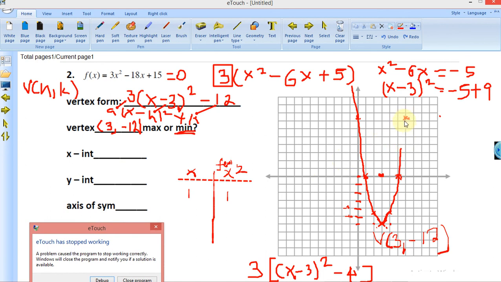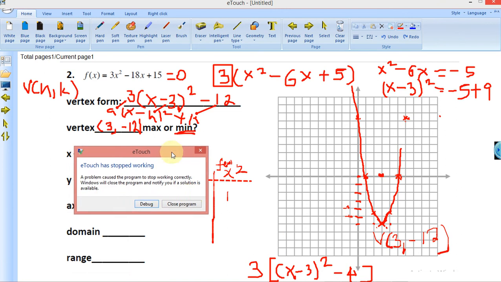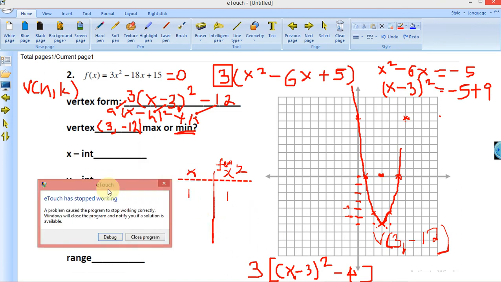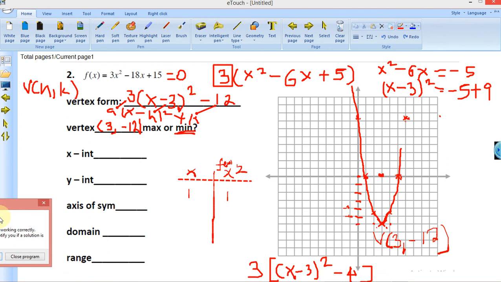Let me quickly pause the video, because if I close this program, I'm going to lose track of everything. Let me just take a screenshot so that I can keep this page here. Okay, I need to save this.